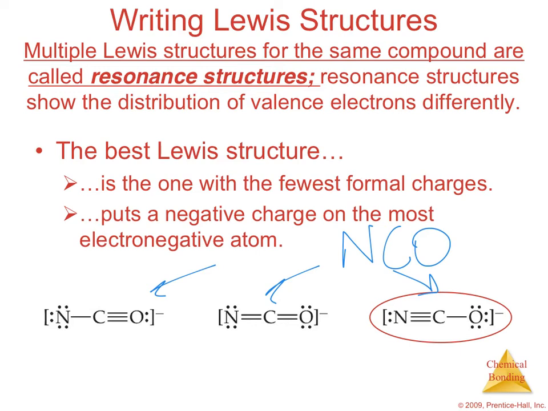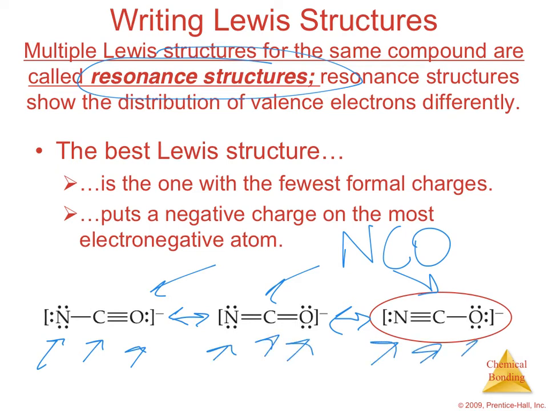Let's look at these. These are called resonance structures. When you have Lewis dot structures that differ only in the placement of the electrons, and everything else is comparable, those are called resonance structures. Now, every atom has an octet in all of these resonance structures.